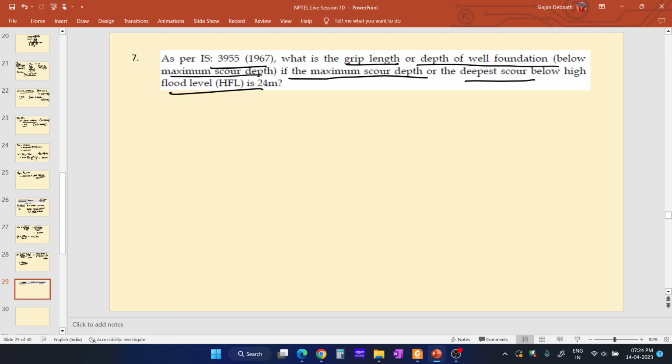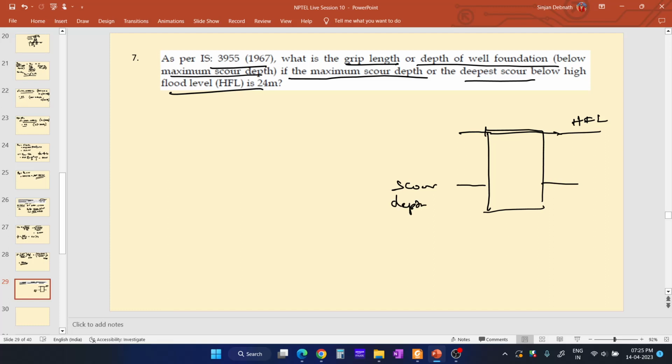So it is like this. Suppose this is your well and this is the high flood level, and this is the covered depth.